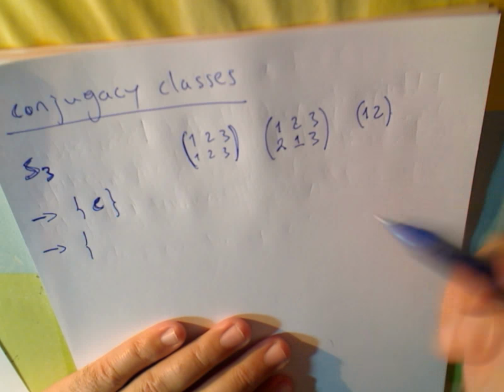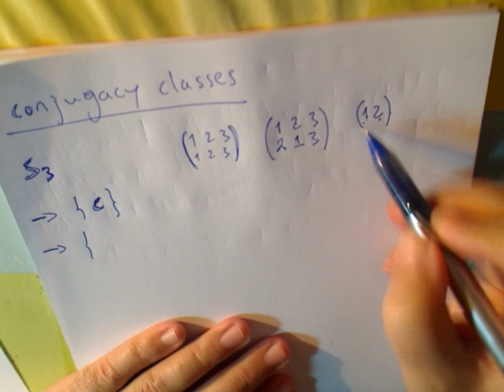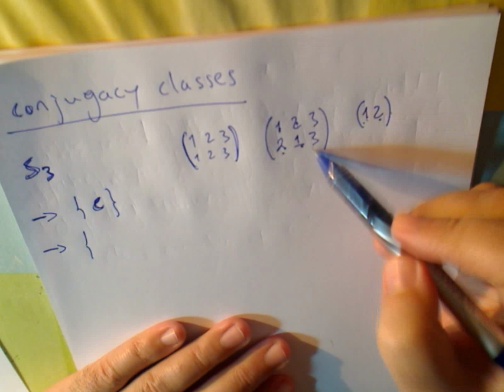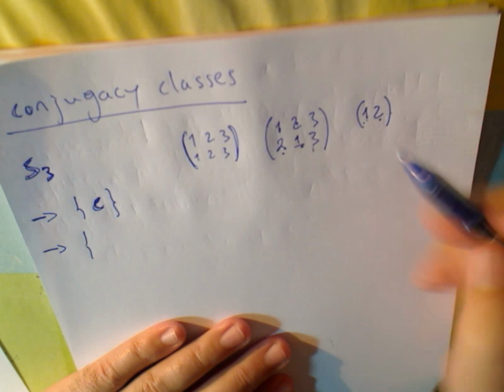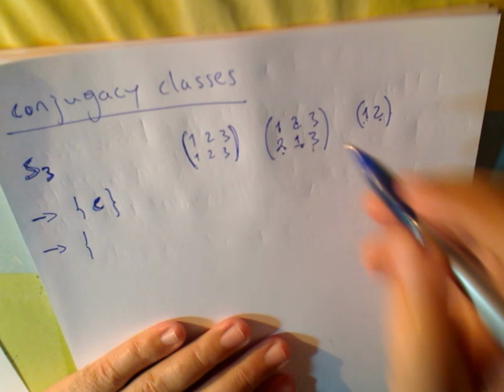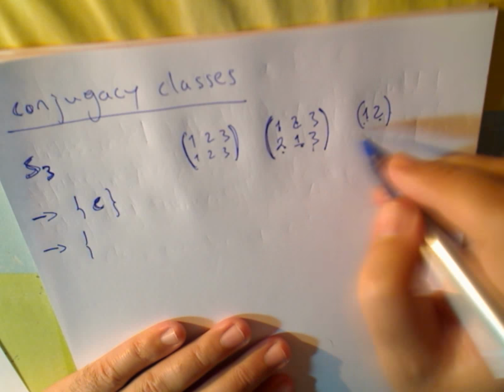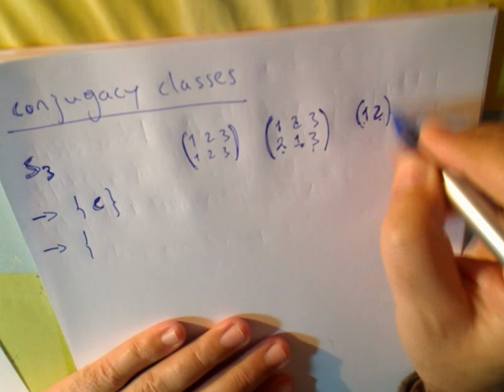This means 1 goes to 2, 2 goes to 1. What about 3? 3 stays, 3 goes to 3, so you don't have to write it. These are the same, just different notation. This is called cyclic notation.